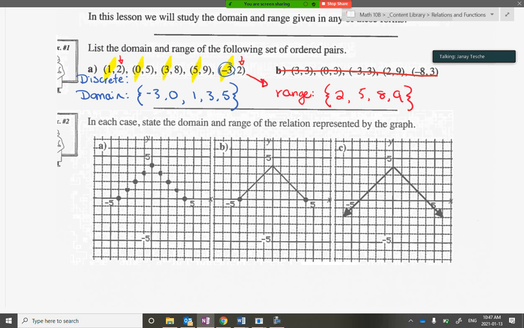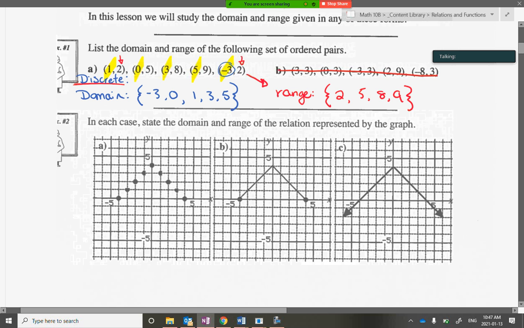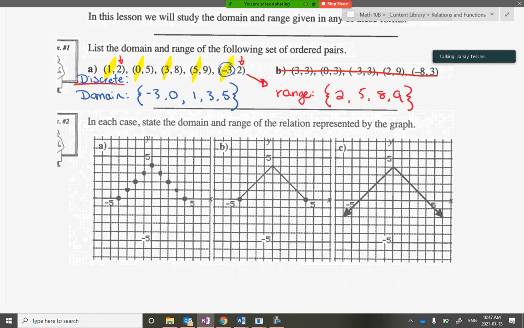So all I've done is list x values, list y values. Is that okay? Make sense?